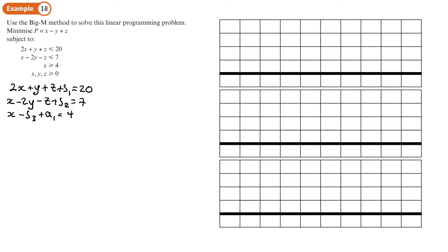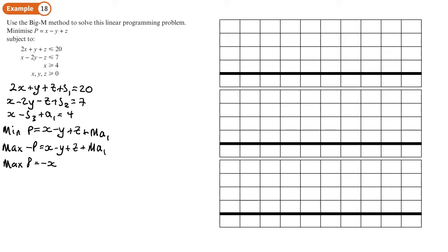So if we're going to minimize p equals x minus y plus z, remember we need to add M times the sum of the artificial variables, but we need to multiply it by -1, so it becomes maximizing negative p equals x minus y plus z plus M times a1, which becomes maximizing p equals negative x plus y minus z minus M times a1.